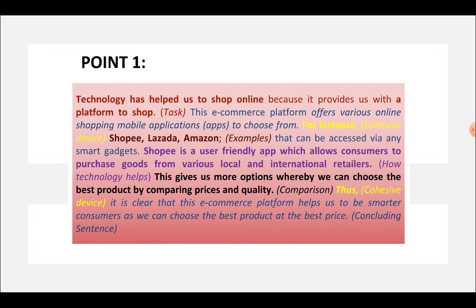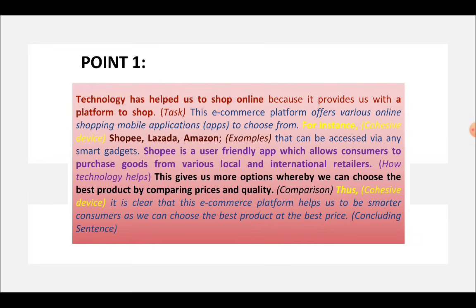So we can begin with technology has helped us to shop online because it provides us with a platform to shop. So this is our first point. Explain further. This e-commerce platform offers various online shopping mobile applications to choose from.